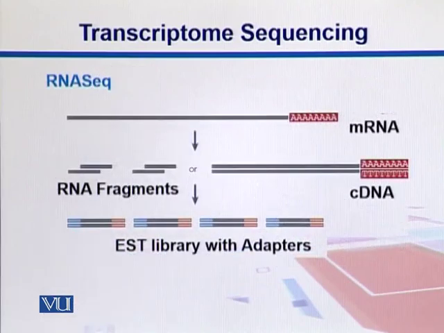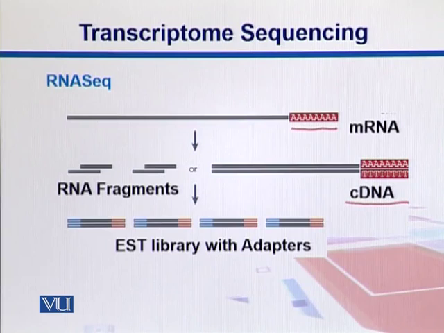So here is RNA-seq. RNA-seq is a technique where we capture messenger RNA. We know that messenger RNA contains a poly A tail at the end, so the extraction methods identify messenger RNA using that poly A tail. This messenger RNA then gets converted into DNA, which we call cDNA. Then those DNA molecules are fragmented, and adapters are attached to them.